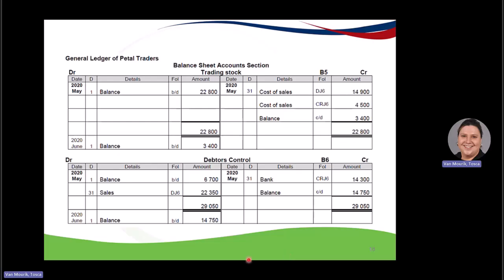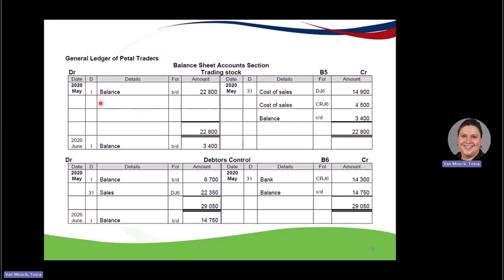If we look at trading stock, there's my opening balance of 22,800. For this example, we only sold some inventory or trading stock. We did not purchase new. If we had new stock purchased during the year, let's think about it. Trading stock is an asset, and assets will increase.